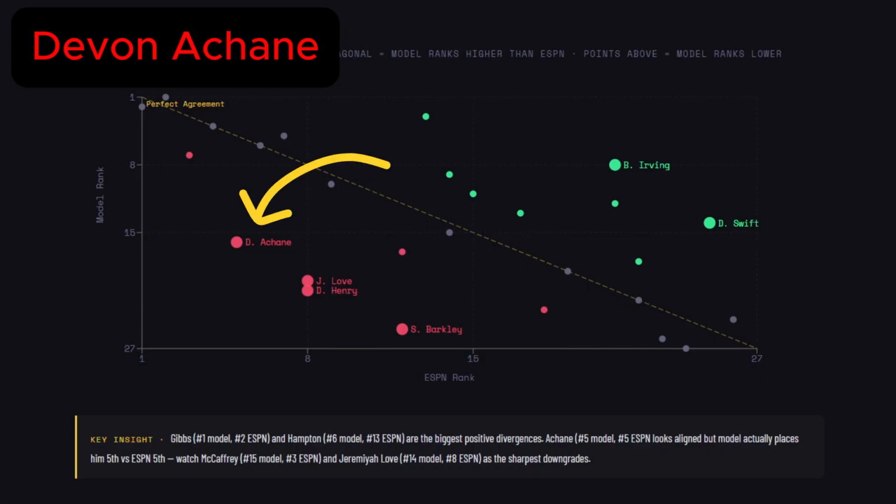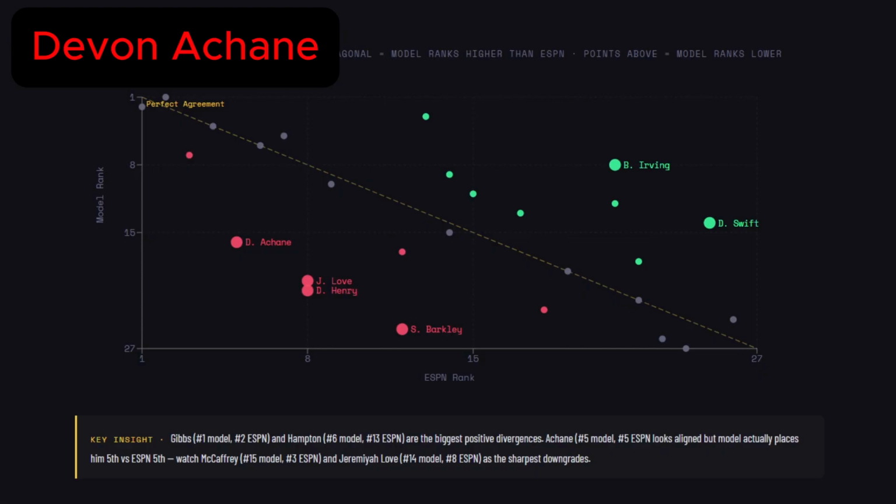He is at one of the lowest model to ESPN rank ratios, as you can see, below the median line. And he's around, as we said, RB5 in ESPN, but the model has him near the RB16 to RB17 range, which is where you'd be picking him in around round 3 to 4. It's someone you want to look to avoid.